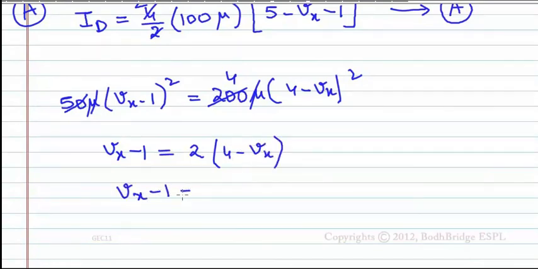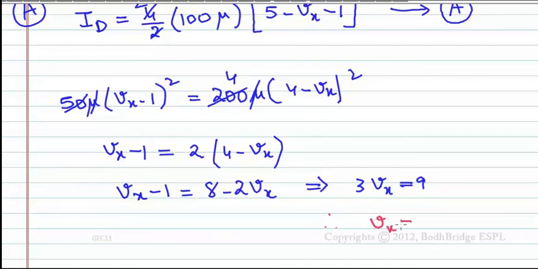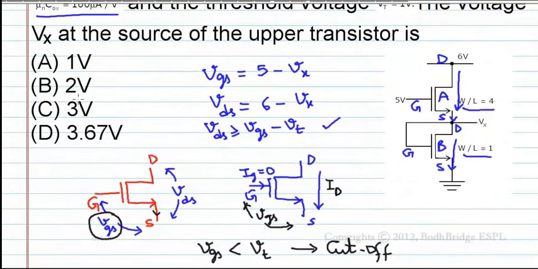Vx minus 1 equal to 8 minus 2Vx, which implies 3Vx equal to 9. Therefore, Vx equal to 3 volt.